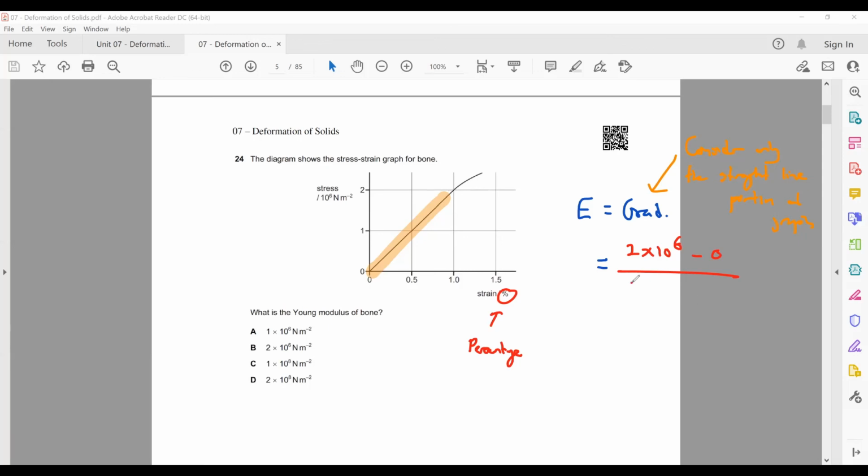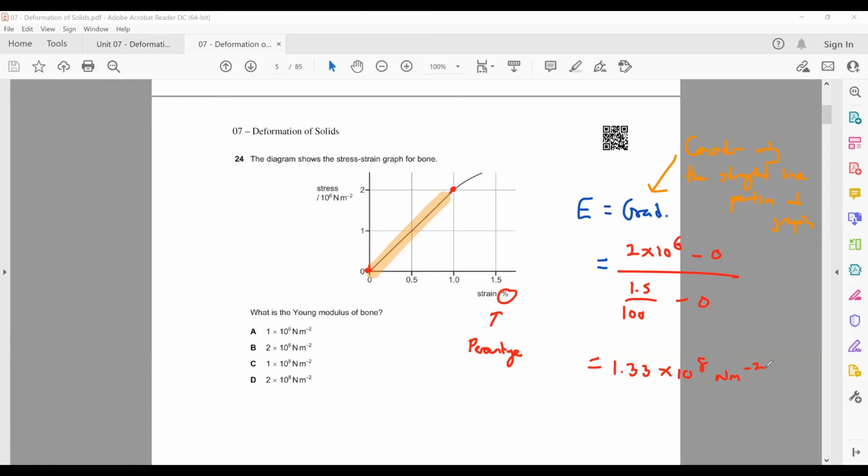So this one is actually 1.5 divided by 100 minus 0. If you're taking between these 2 points, so it'll just be 0. It's 2 times 10 power 6 divided by 1.5 over 100. You're gonna get 1.33 times 10 power 8 Newton per meter square.